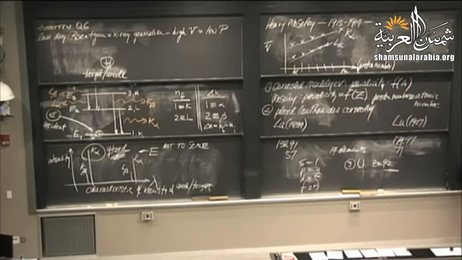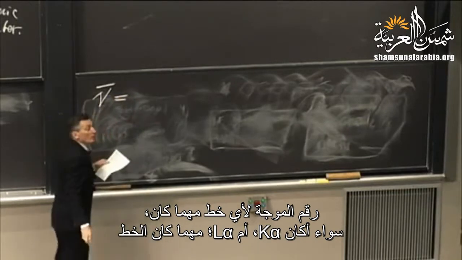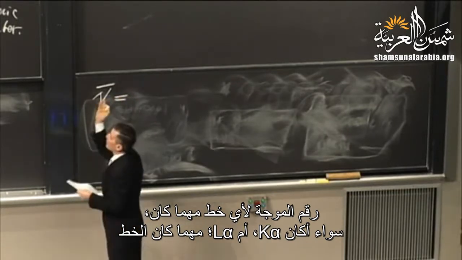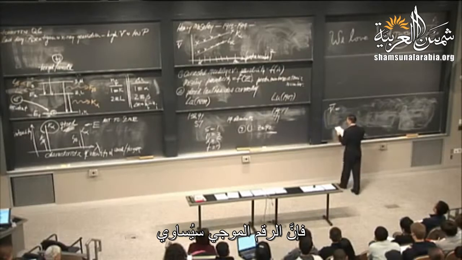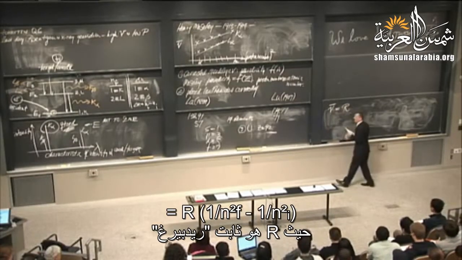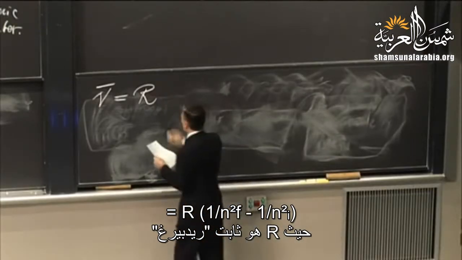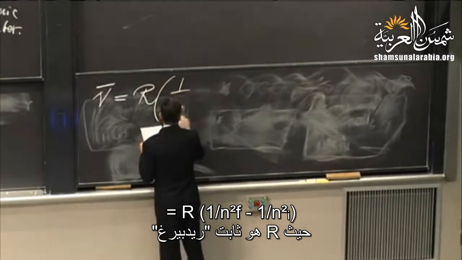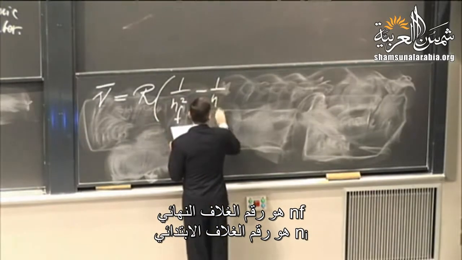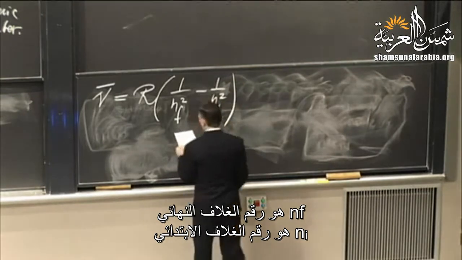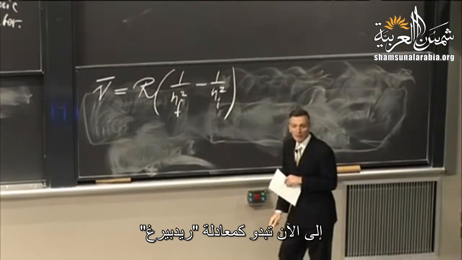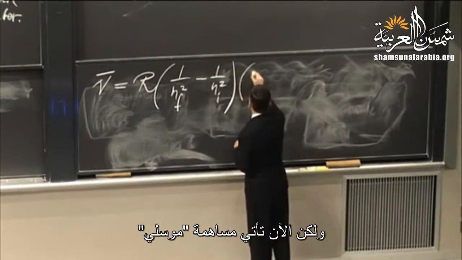This is Moseley's fit. He says the wave number of whatever the line is, whether it's K alpha, L alpha, what have you, is going to go as the product of the Rydberg constant, 1 over nf squared minus 1 over ni squared. So far, that's just the Rydberg equation. But now comes Moseley's contribution.